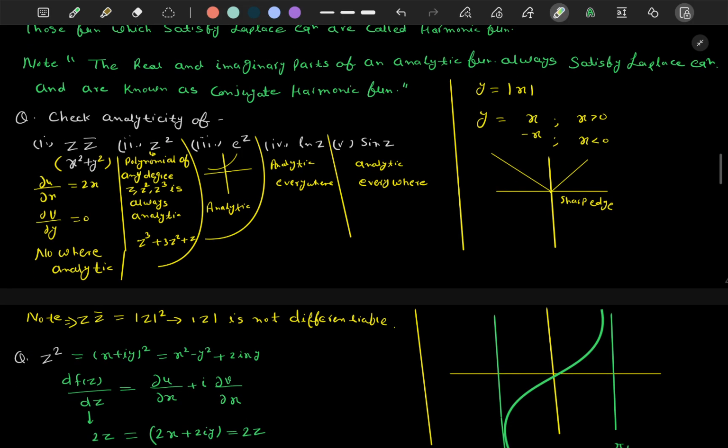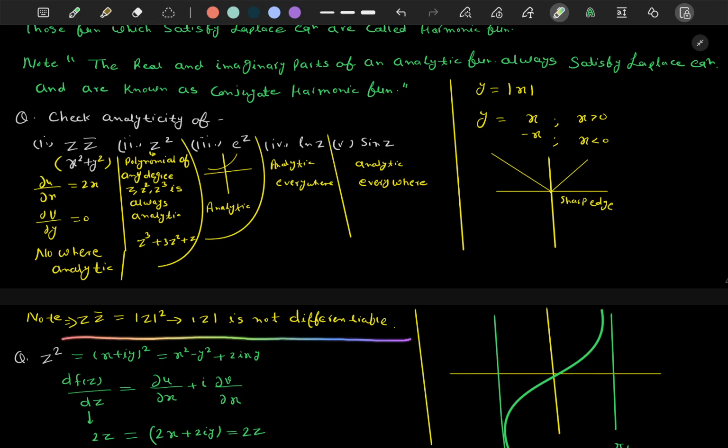Now we are going to check analyticity of the following functions. What is z bar? Simply z bar is equal to x minus iota y, and mod z square is equal to x square plus y square. So simply apply the Cauchy-Riemann equations, del u by del x and del u by del y. So it is nowhere analytic.